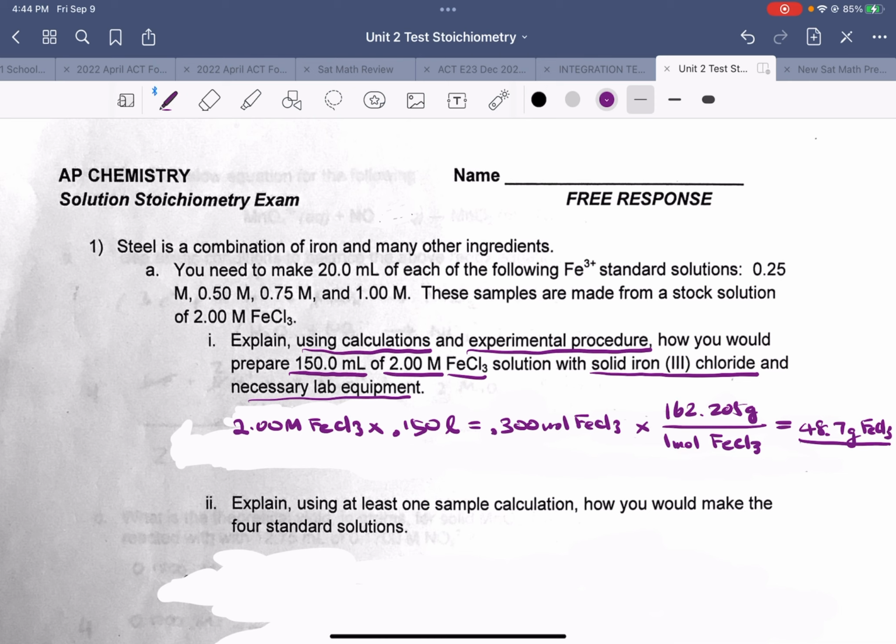milliliters of 2 molarity solution. But that is a solid, so what kind of equipment are you going to use? What you have to do is dissolve it.